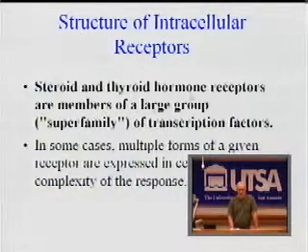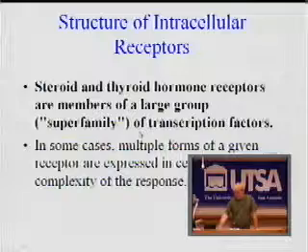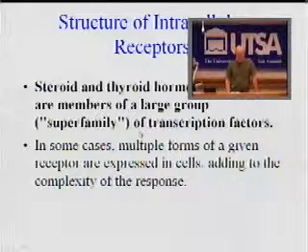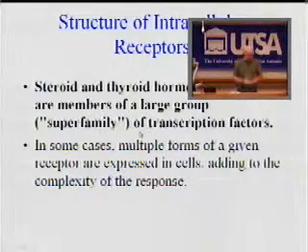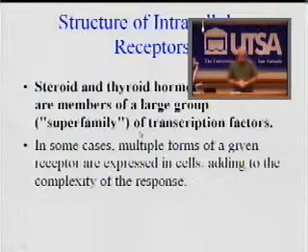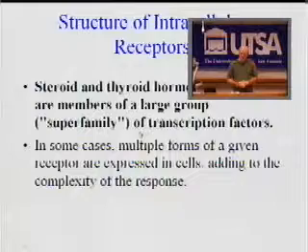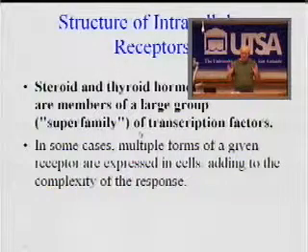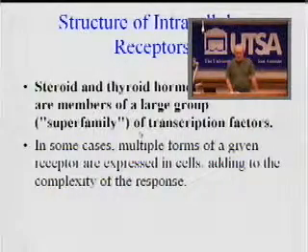So we said they're a large group of transcription factors, so there are some generalities for all of them, just some slight variations in amino acid sequences, but overall we're safe in looking at them all as if they are a single type of transcription factor.